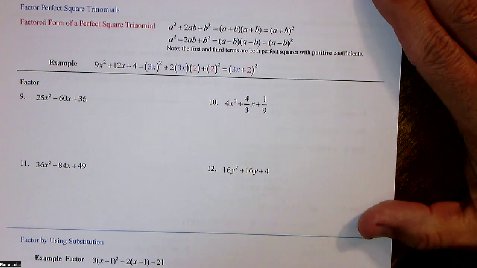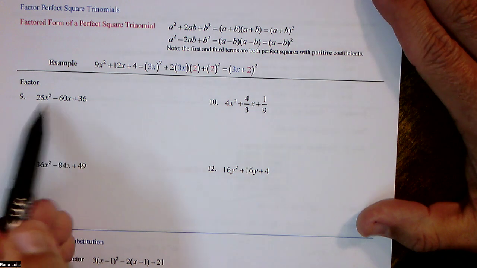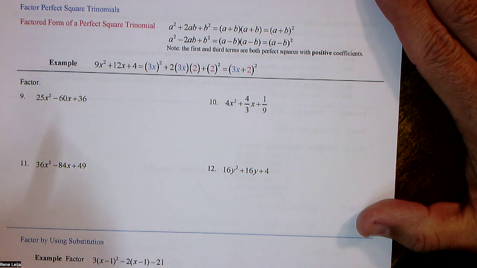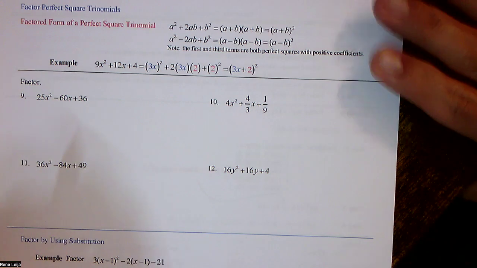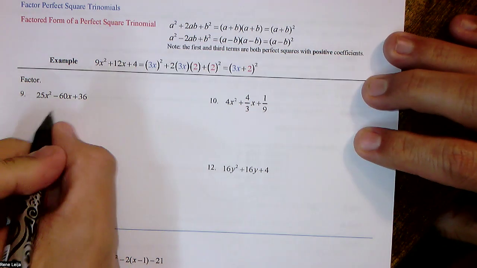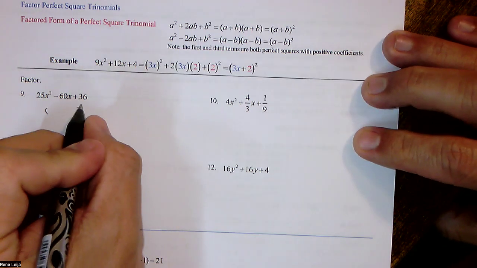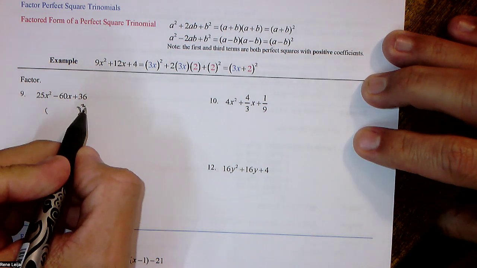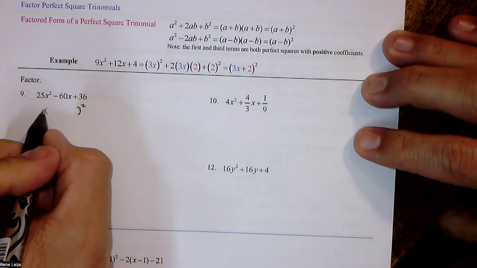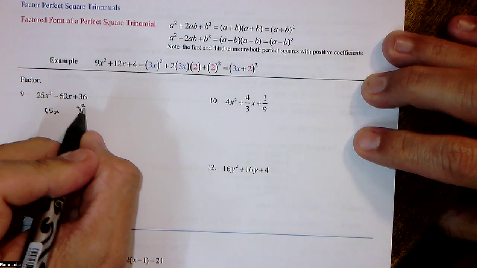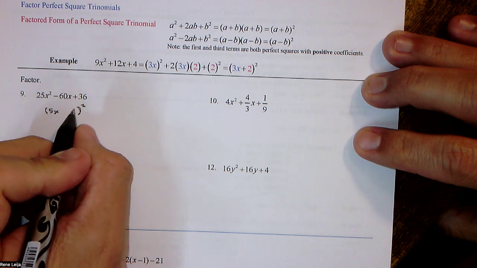Watch. First, you want to be on the lookout for the first and last terms to see if they are perfect squares. So 25x squared minus 60x plus 36, they are perfect. The first and the last are perfect squares. Now, what do we square to get 25x squared? That's a 5x. What do I square to get a 36? That would be a 6.